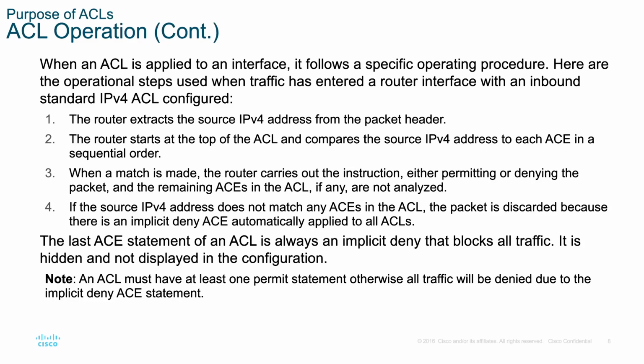If there are no matches within the lines of the ACL, there is an automatic statement that is not shown when you view an ACL, but it's an explicit deny statement, which means if there's no other match, the packet's discarded.